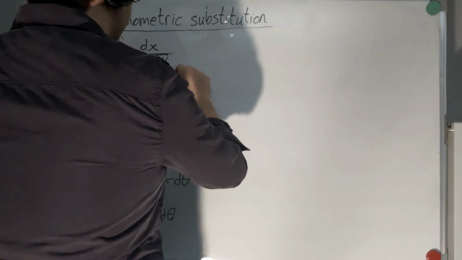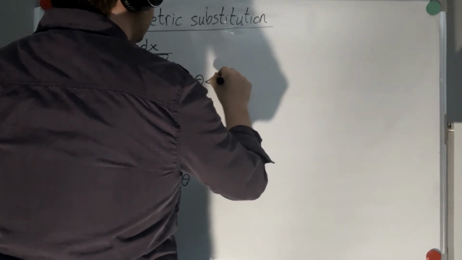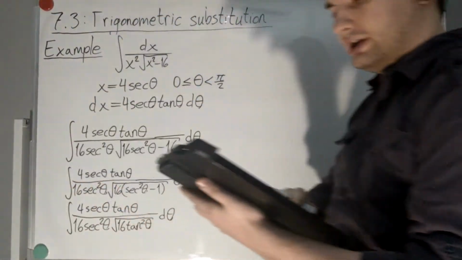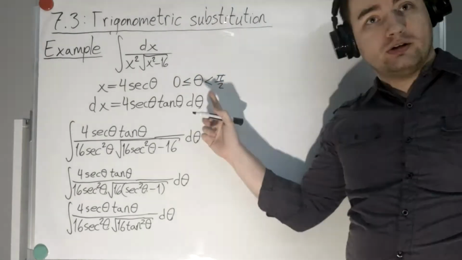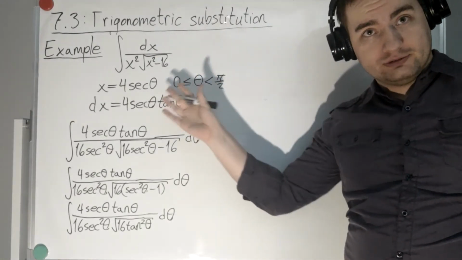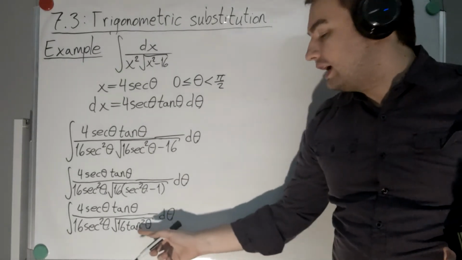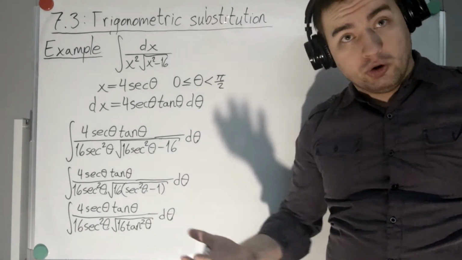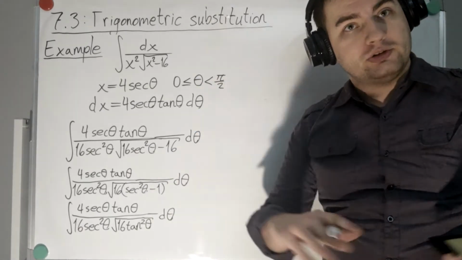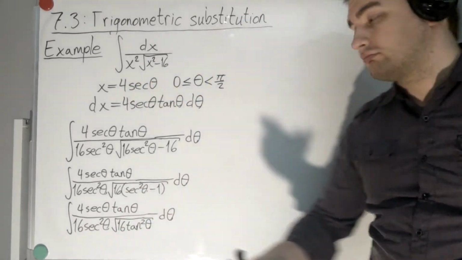Like in this case, for secant, theta had to be between 0 and pi over 2. I got that right? Yes. If you choose theta to be between 0 and pi over 2 as prescribed, then tangent will always happen to be positive. And in that case, it is its own absolute value. So there's absolutely no harm in saying that the square root of tangent squared is just tangent.